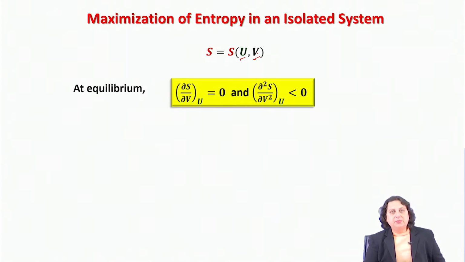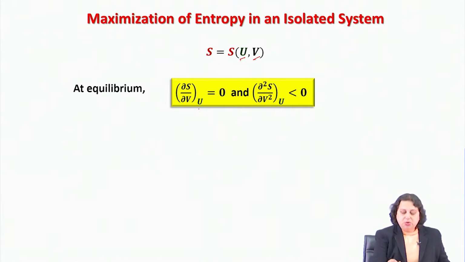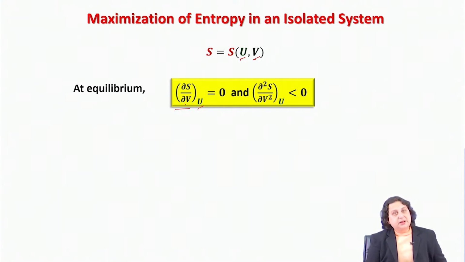Therefore, at equilibrium, these two derivatives should meet certain criteria. First of all, if I keep U constant and look at the partial derivative del S del V, this must be equal to 0 because the system is at equilibrium.